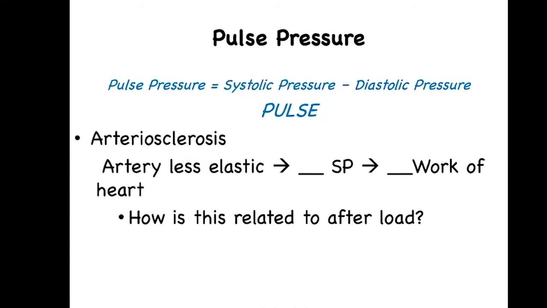Recall that afterload influences stroke volume, and it is the pressure that the ventricles have to create in order to open up the semilunar valves. This is the pressure that has to be greater than the pressure in the arteries. So as the pressure in the arteries increases, afterload increases as well, and the workload of the heart goes up.